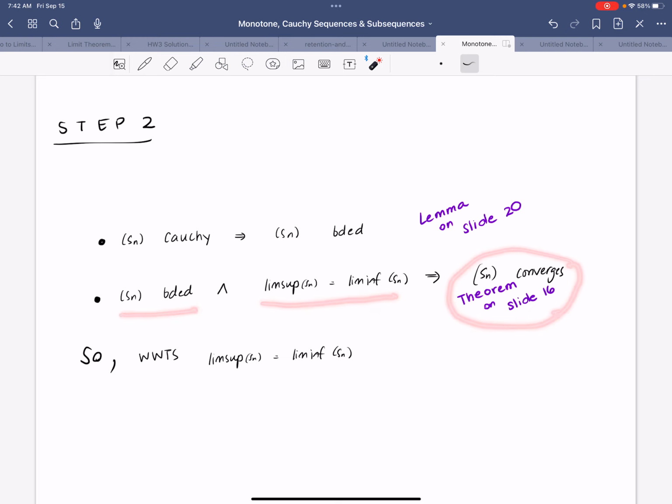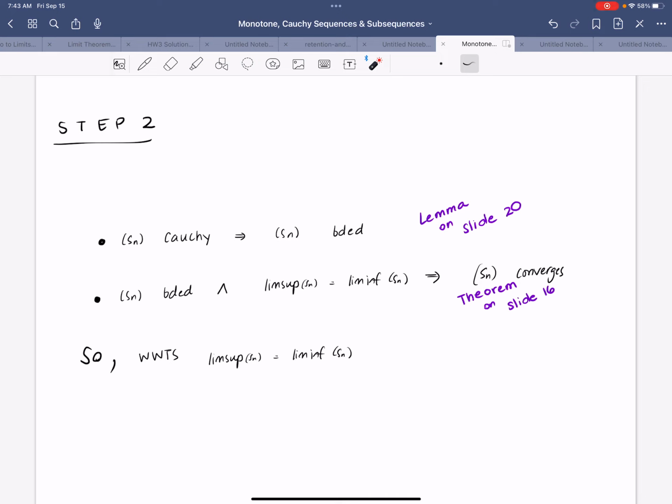So remember, we said that one way to determine if your sequence converges is by seeing if the lim sup and the lim inf agree. Because you can have a sequence whose limit doesn't exist, but its lim sup and lim inf will exist, right? By the completeness axiom, those will exist.